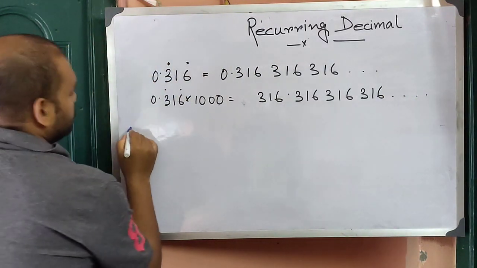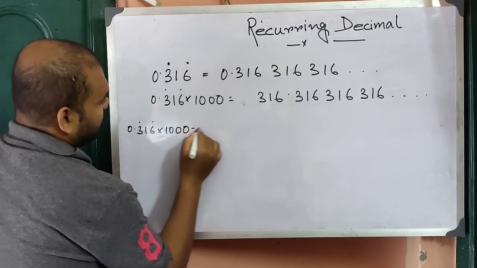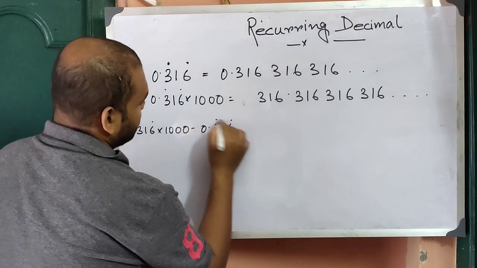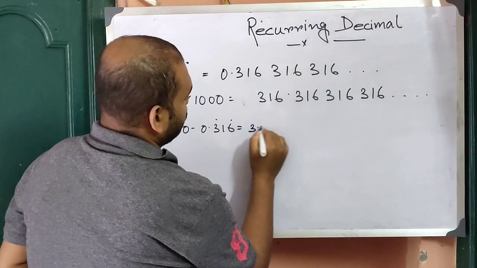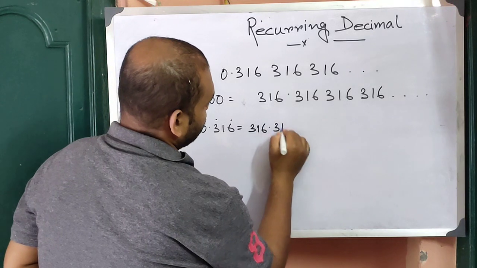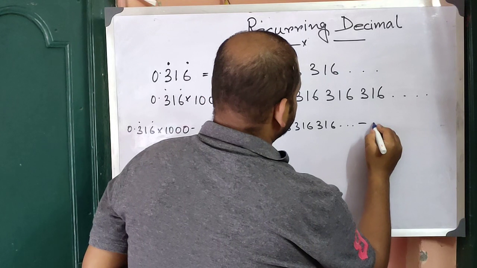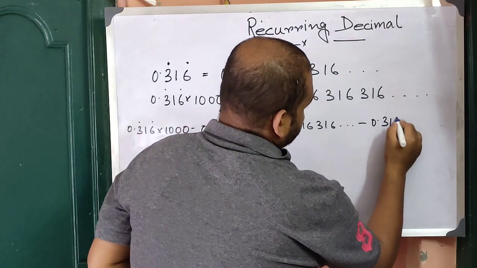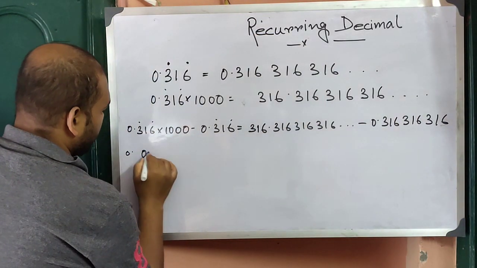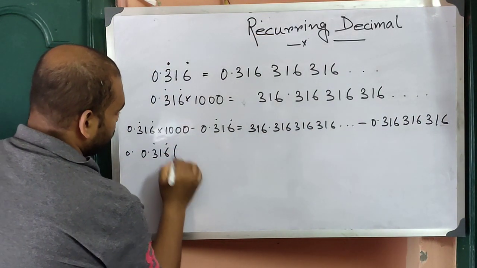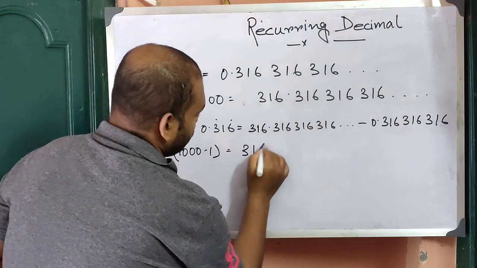So 0.316 recurring into 1000 minus 0.316 recurring will give you 316.316 recurring dot dot dot minus 0.316 recurring. So 0.316 recurring into 1000 minus 1, this will give you 316.